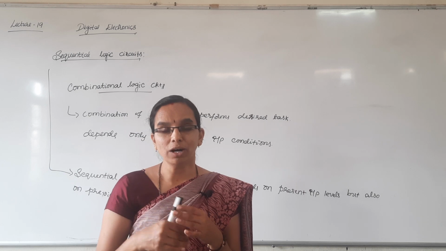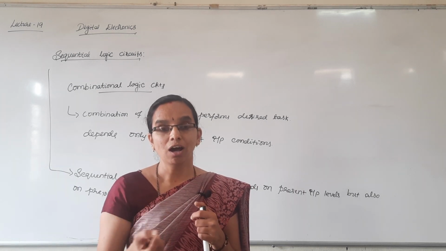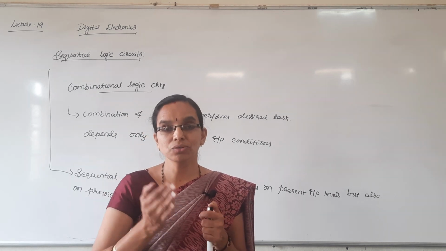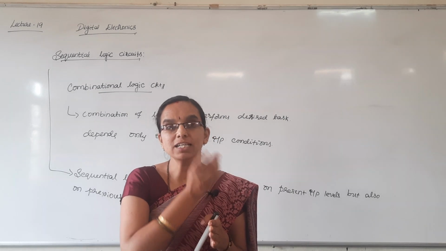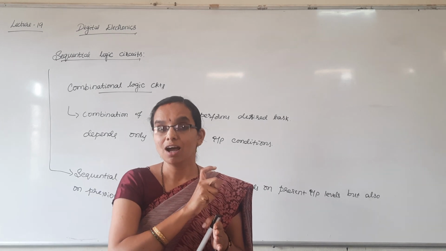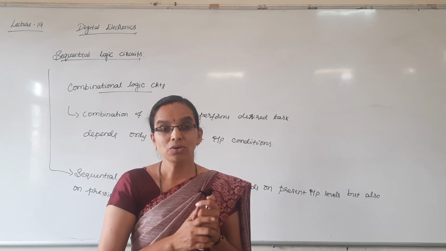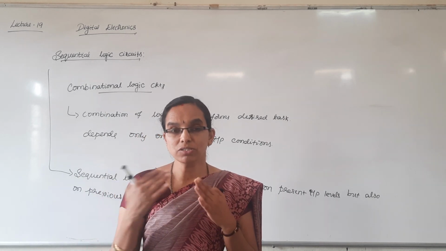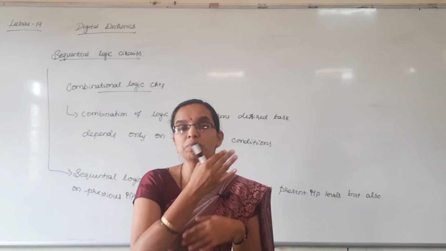So, what will it do? Once the red changes to yellow, after yellow it should change to green, right. So, it will remember the previous state. Previously it was red, the circuit remembers it was red, and after 90 seconds it should go to green. So, these sequential logic circuits depend on the previous state, that means they remember the previous state.